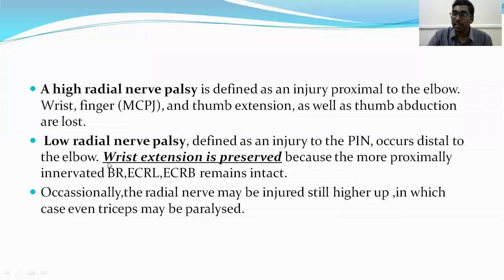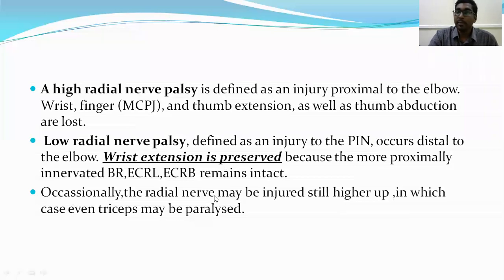Distal to the elbow, wrist extension is preserved, because wrist extension is done by extensor carpi radialis longus and brevis, whose nerve supply arises proximal to the elbow. So wrist extension is okay, but finger extension is absent. This is called low radial nerve palsy.